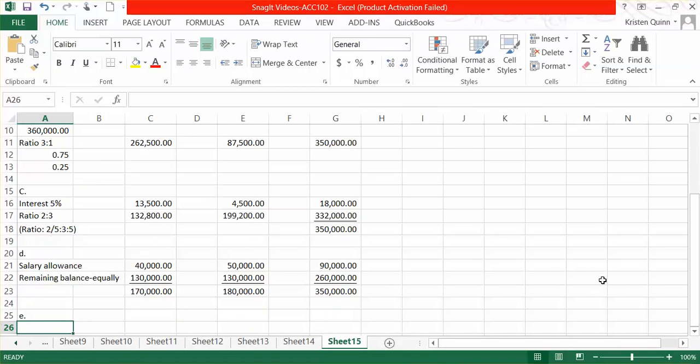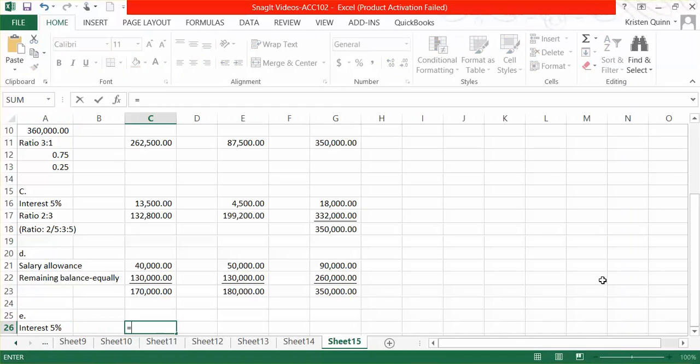For Part E, we are going to give an allowance of interest at a rate of 5% on the original investment, then salary allowances of $40,000 and $50,000 respectively, and then the remainder will be divided equally. So we'll start with an interest of 5%. Again, it's based on the beginning capital balances.